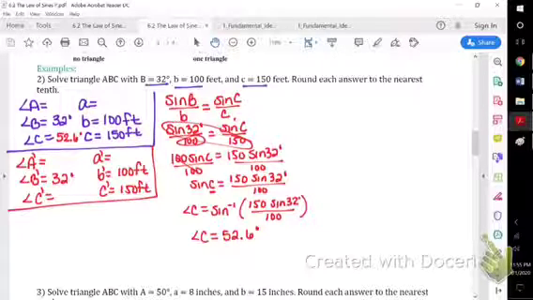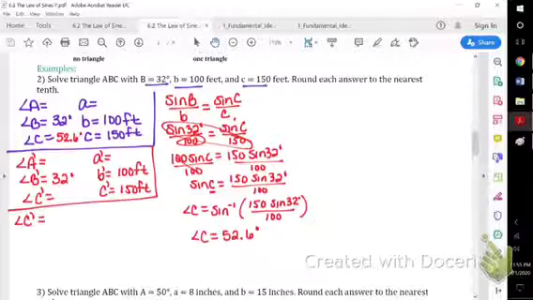So to find angle C here, remember, when you do the inverse sine, that's going to be in quadrants 1 and 2. And that's why you have to check for the second triangle, because angle C could have been a quadrant 2 angle, for the inverse sine to be positive, which it would have been.